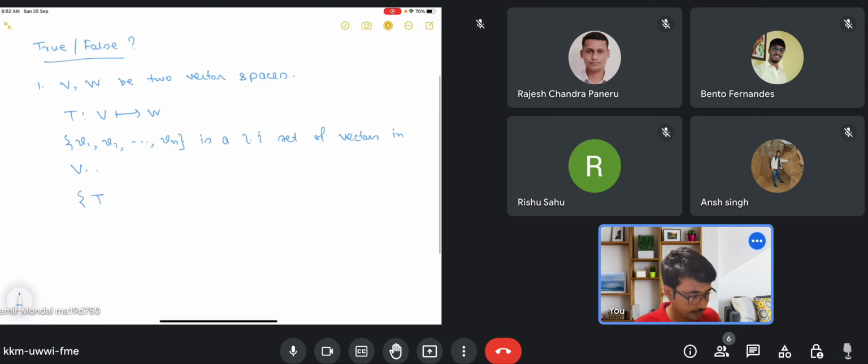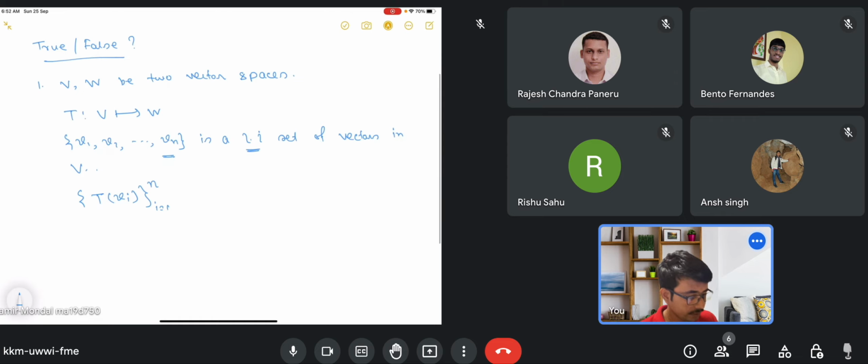If you collect these, where V1 to Vn is a linearly independent set of vectors in V, then what can we say about this set? Is it linearly independent or not?